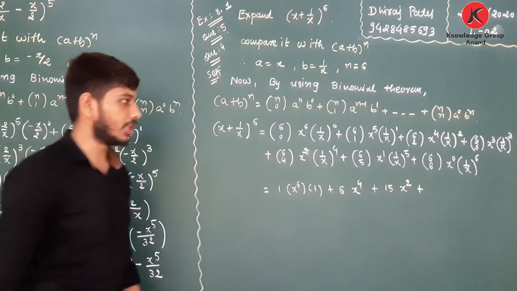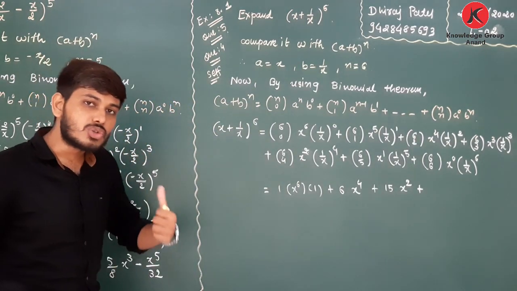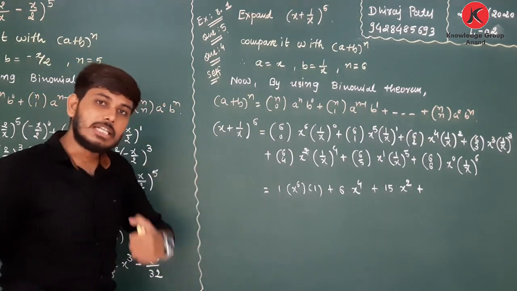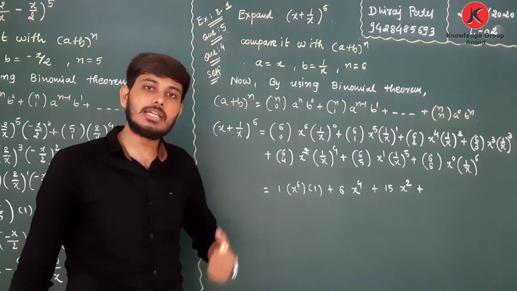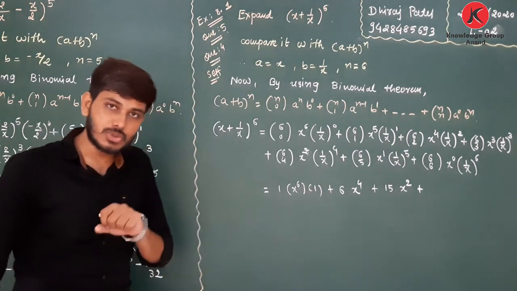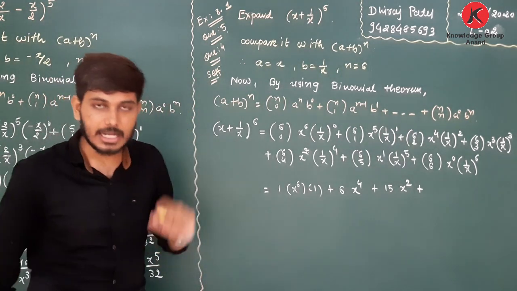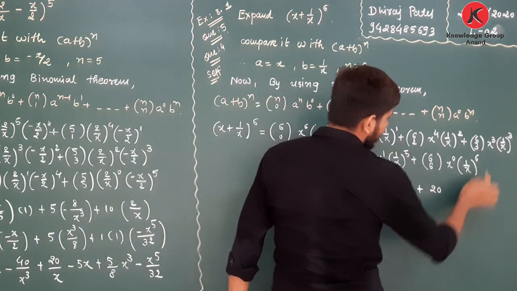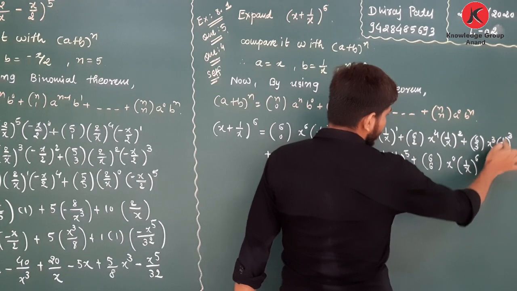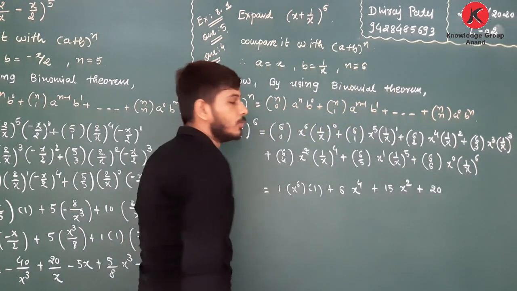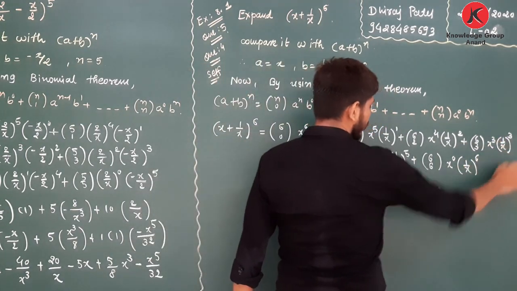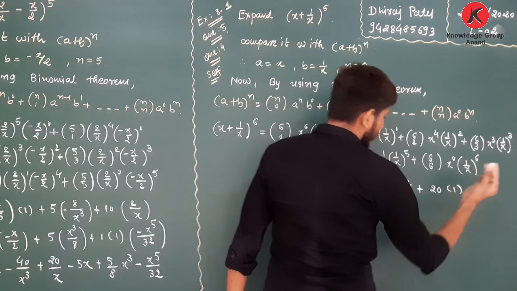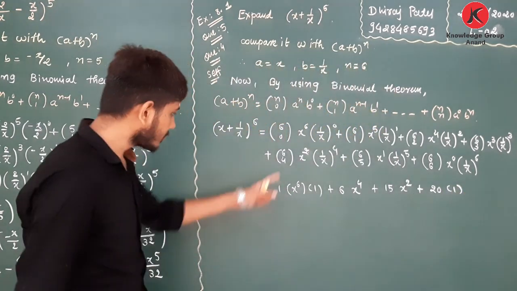Plus 6C3 will be equal to 6 into 5 into 4 divided by 3 factorial, which is 3 into 2 into 1, which is equal to, 6 will get cancelled out. Therefore the answer is 5 fours are 20, x raised to 3 into 1 upon x cube, x raised to 3 into 1 upon x cube will become 1.